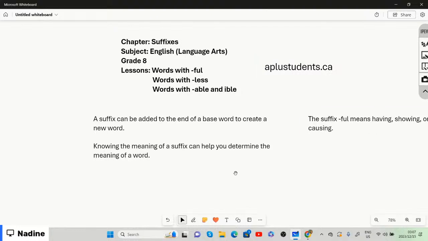A suffix can be added to the end of a base word to create a new word. Your base word is a word that can stand on its own.